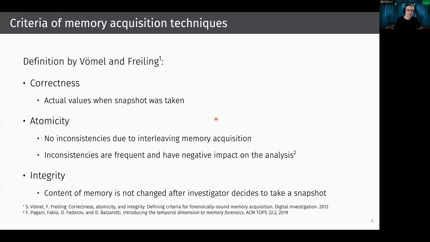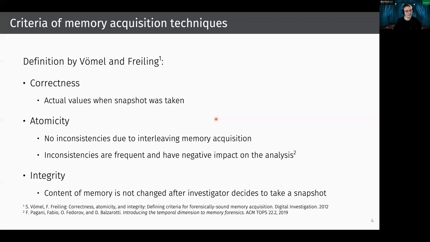The first criterion is correctness. Of course, the snapshot should be correct. The second criterion is atomicity. This means there shall be no inconsistencies that are due to interleaving memory acquisition. So basically because the memory isn't read at once.